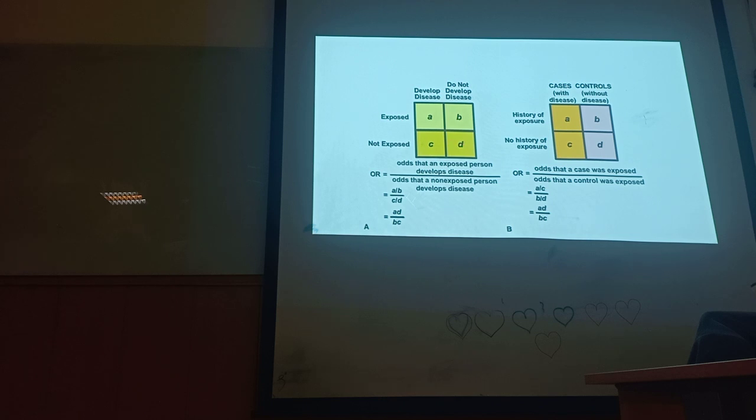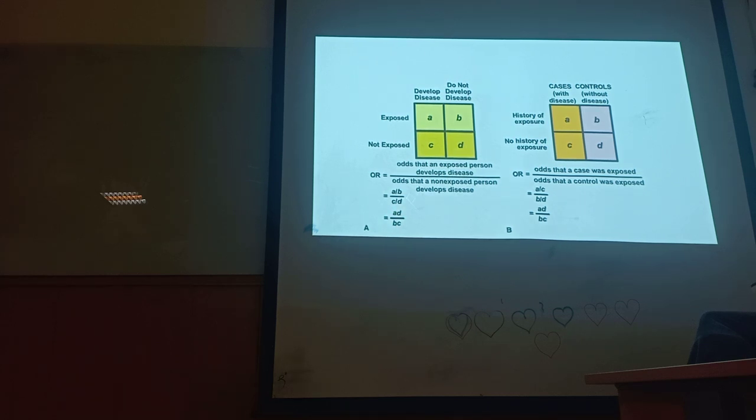C over D. So odds ratio is dividing odds of disease in exposed group by odds of disease in unexposed group. So A over B divided by C over D, and it's AD divided by BC.